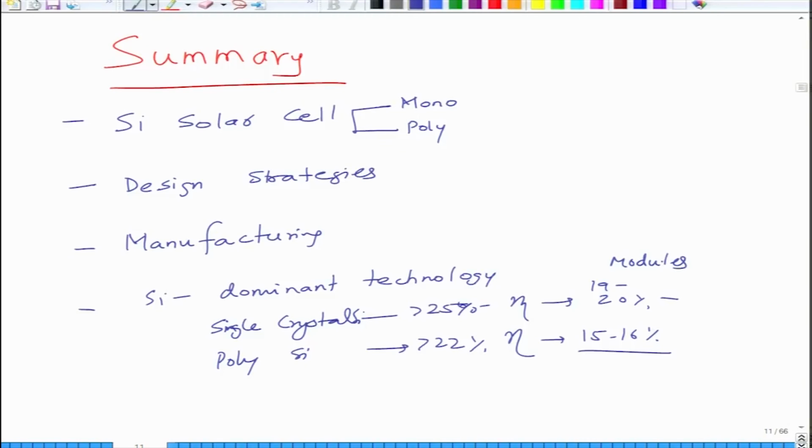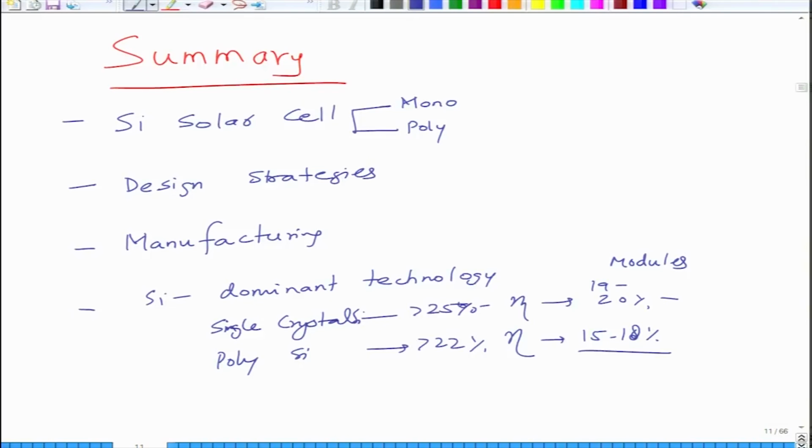Let me check the numbers. Yes, modules would be lower than the cells. So about 20% you will get for single crystal, and 15 to 18% for polysilicon. These two are the dominant technologies in the world right now.